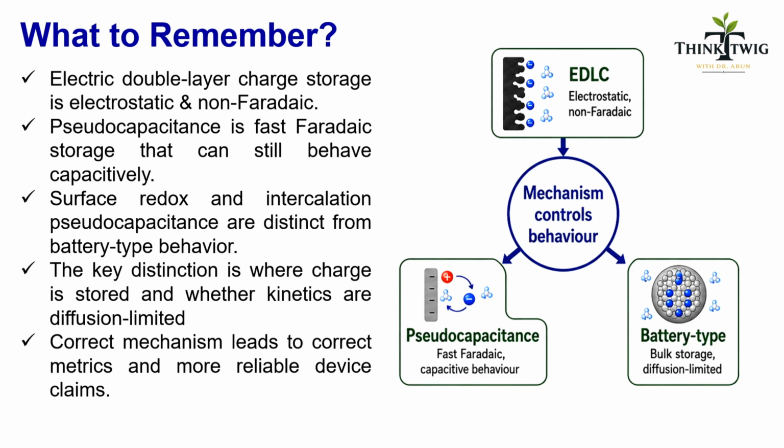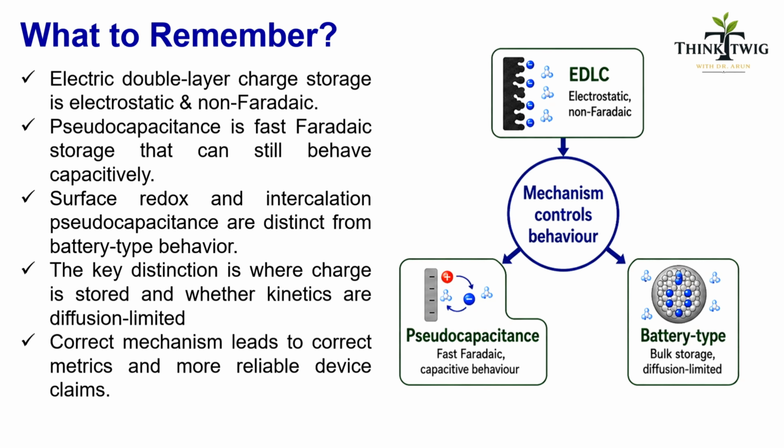That pseudocapacitance can arise from fast surface redox reactions, or through unusually fast ion intercalation into the accessible structural sites. But if charge storage becomes strongly dependent on bulk transport, diffusion length, and battery like insertion or reaction processes, then we move toward battery type behavior.